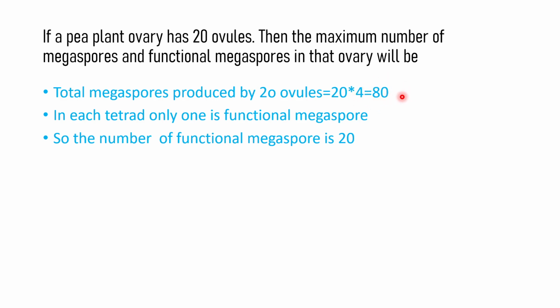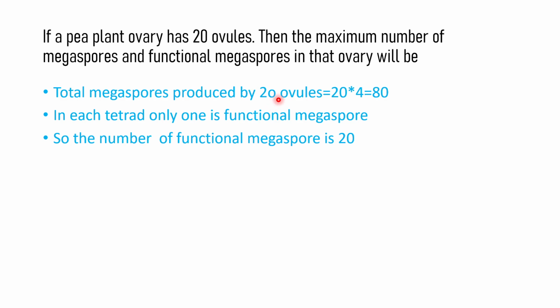Of all the 80 megaspores, not all are going to be functional. We know that of the 4 megaspores produced by one ovule, only the one which moves to the chalazal end is going to be functional. So, in each tetrad, only one is going to be functional.